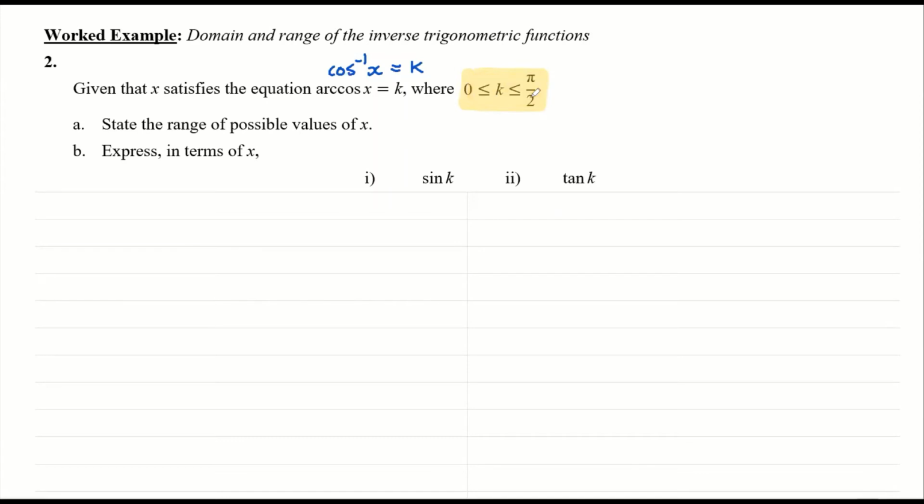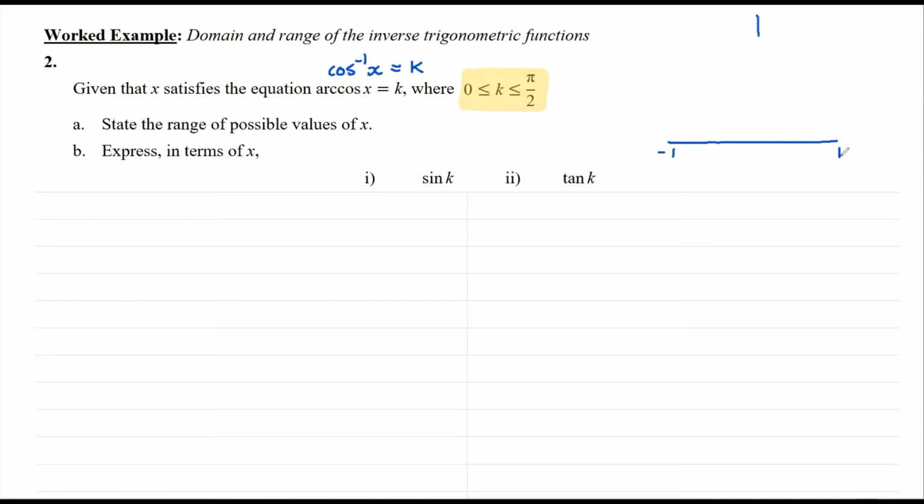It's a good idea at this point to sketch the graph of arccos x. If you've got it in front of you, that's fine, but just as an exercise, let's sketch it with its domain from -1 up to 1, because that, of course, is the range of cos, and the range and domain obviously swap when we have inverse functions.